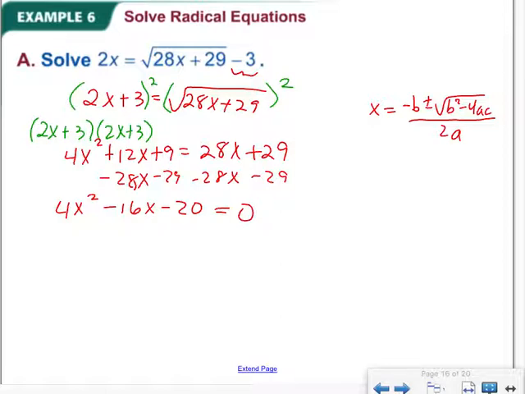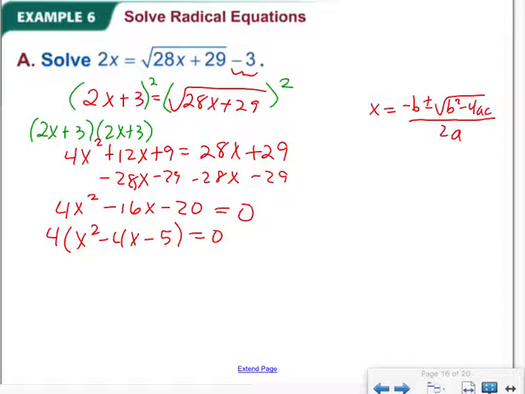What I would first look for is, is there a way to factor this? Well, there is a 4 that they're all divisible by, so take it out. Because it's an equation, you can technically divide it out. It doesn't matter. You can just divide by 4. But you could factor it as well.